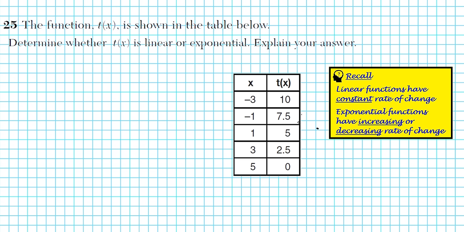Now, what we're going to do here is pair up the points we have into intervals, and then calculate the rate of change on each interval to see if they're constant or variable, either increasing or decreasing. The first interval goes from -3 to -1.